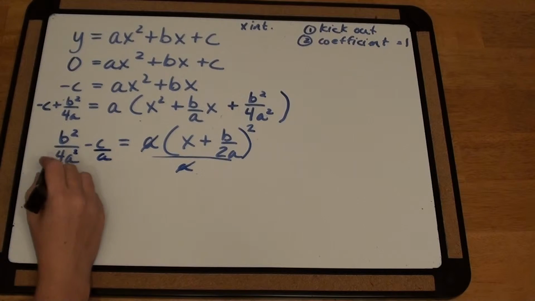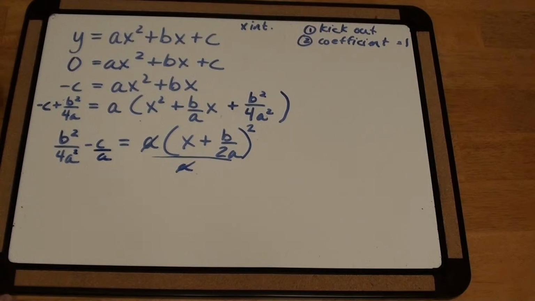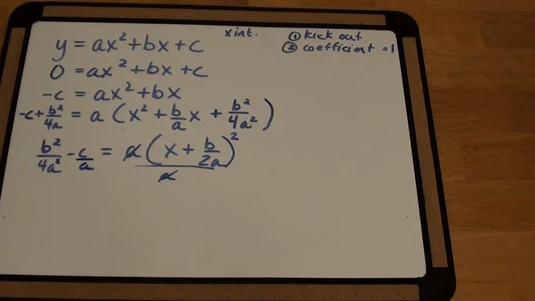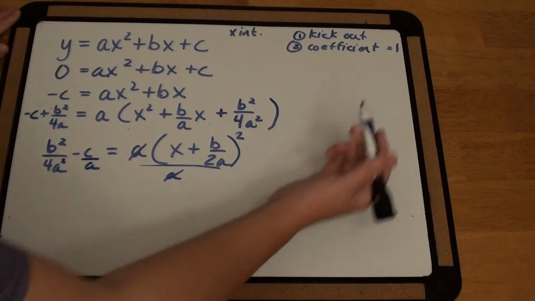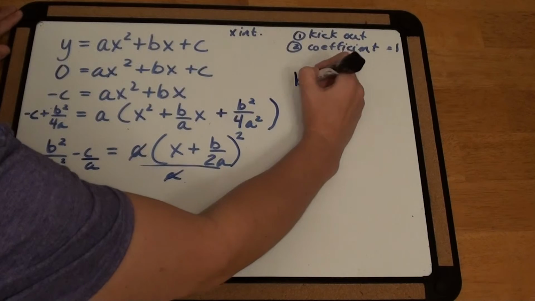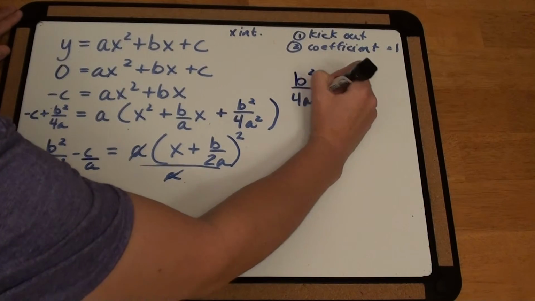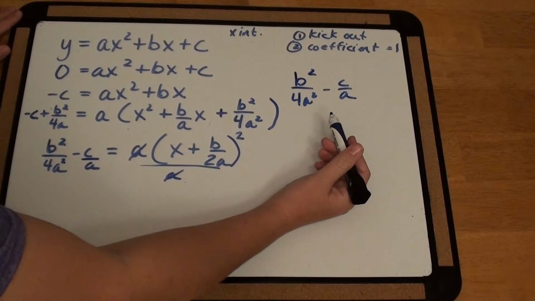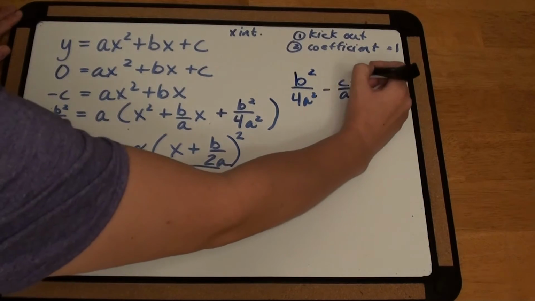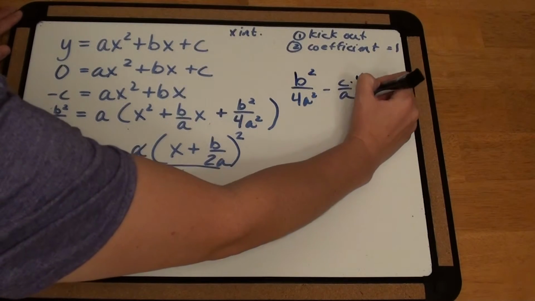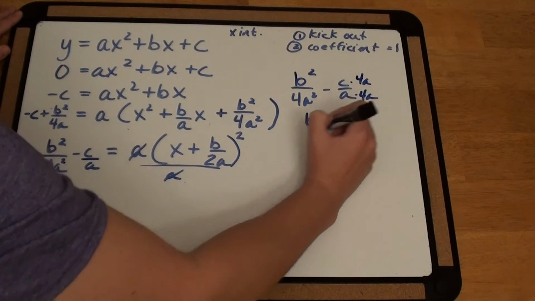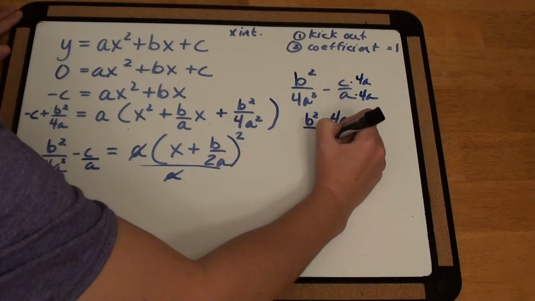So now what we have over here, let's just work with this real quickly to try and get this down into one fraction. I'm going to work it over here. We have b squared over 4a squared minus c over a. I want to get a common denominator so I can combine them. So I'm going to multiply this one by 4a on top and bottom. So I'm going to get b squared minus 4ac all over 4a squared.